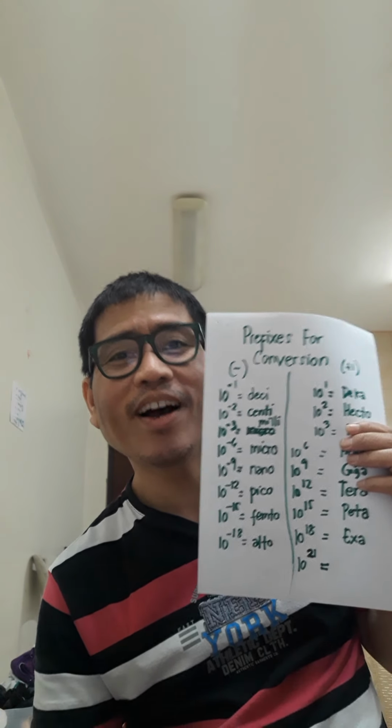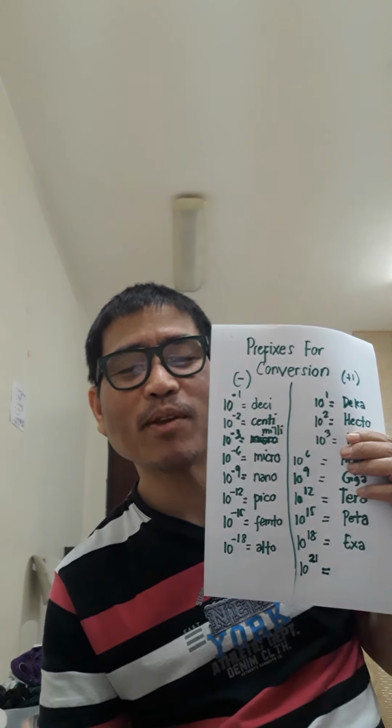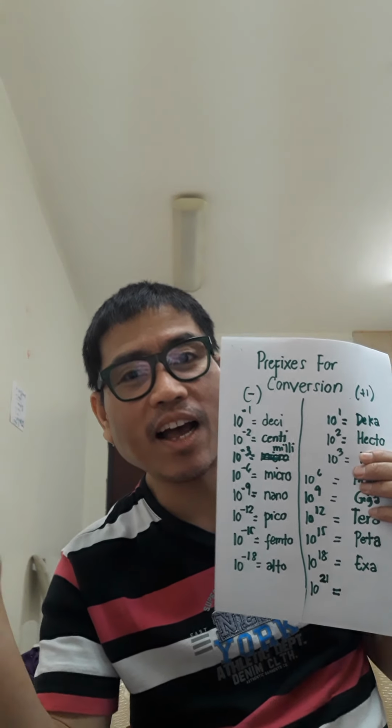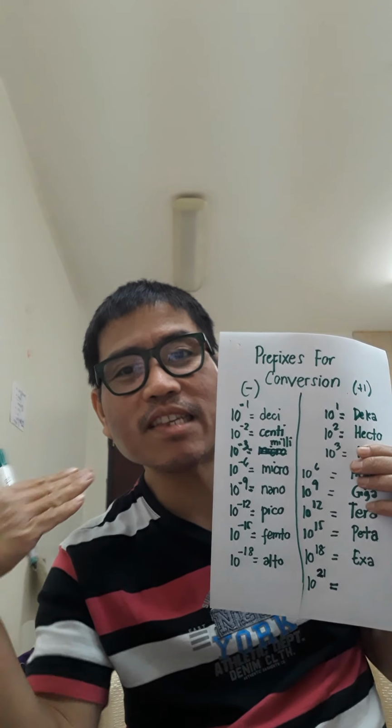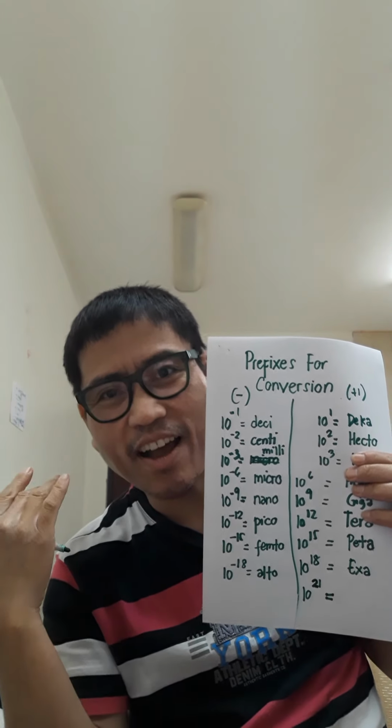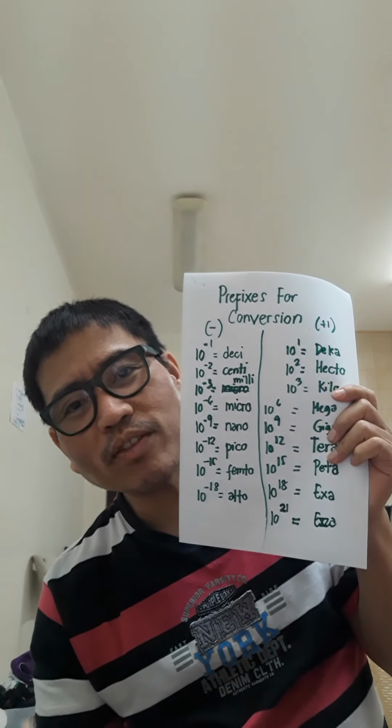I'm not really sure. After exa, because after X there's still Y and there's no prefix for it, but there's Z. So after X there's Z. So I think this is zetta after exa. I'm not really sure. Review it also. Zetta, 10 to the 21.